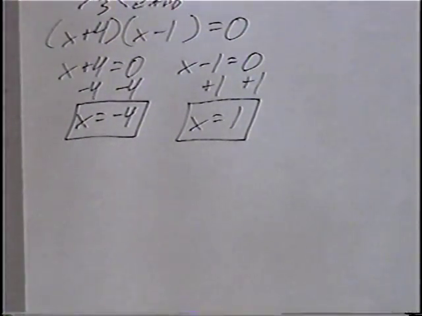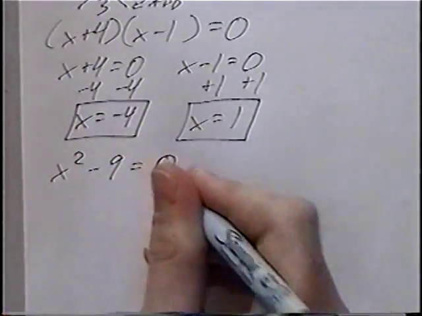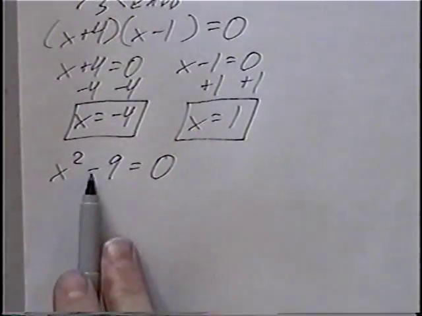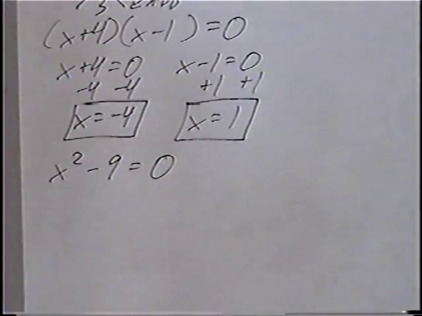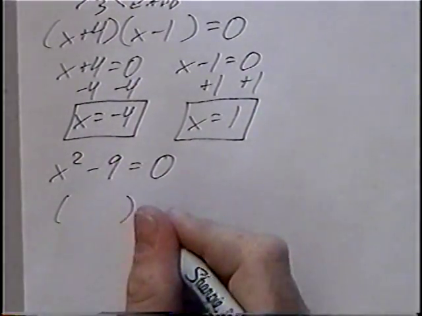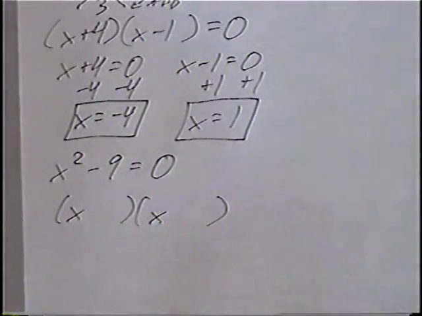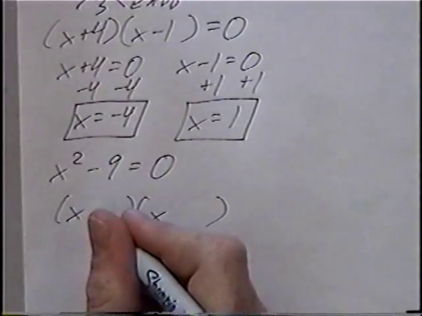Second problem for the section. X squared minus 9 equals 0. For this factoring, when you have x squared minus a number, if you remember, we can take the square root of this number. So our factored form would be in two parentheses, x in each one. The square root of 9 would be 3.